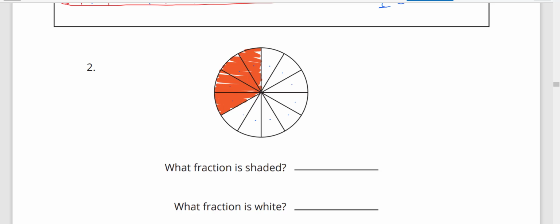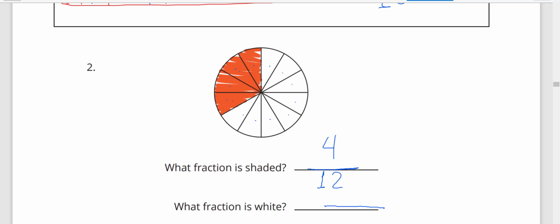First, write this fraction. The total of parts is 12. So write 12 in the denominator, and count this shaded part, 1, 2, 3, 4. Write 4 in the numerator.